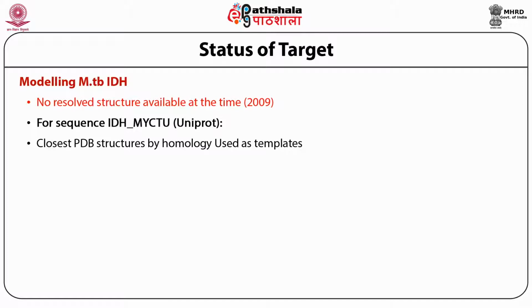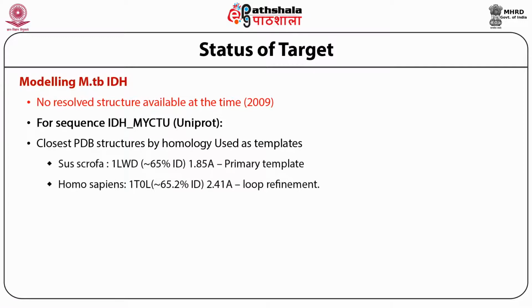Rather, we should remember the maximum amount of homology, that means identity, should be looked into. In the case of Sus scrofa, the pig ICDH, 65% identity was found with MTB, whereas with E. coli, only 22% identity was found. So, we should be careful to choose the structure for modeling.